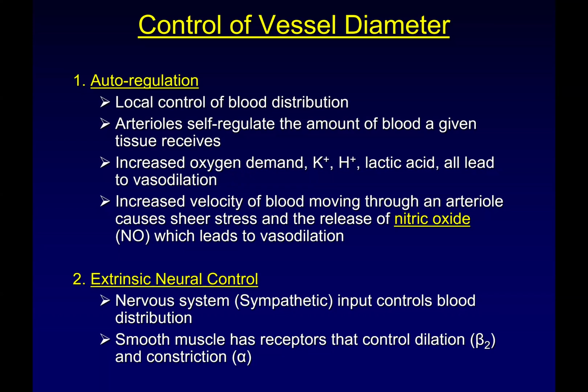That same epinephrine and norepinephrine causes vasodilation to your quads and causes vasoconstriction to stomach, liver, and things like that. How does it do that? It's the same neurotransmitter or the same hormone. How do we get a completely opposite response in one tissue versus another?